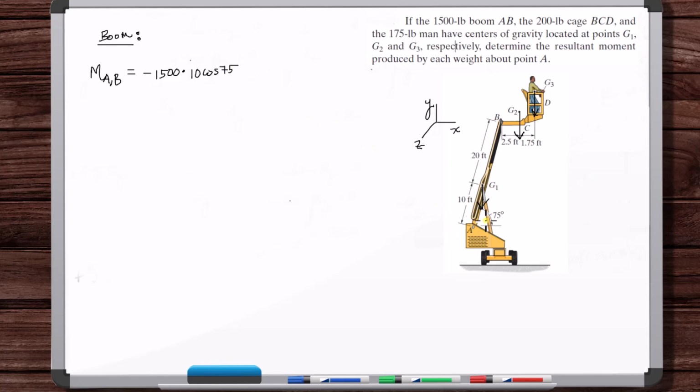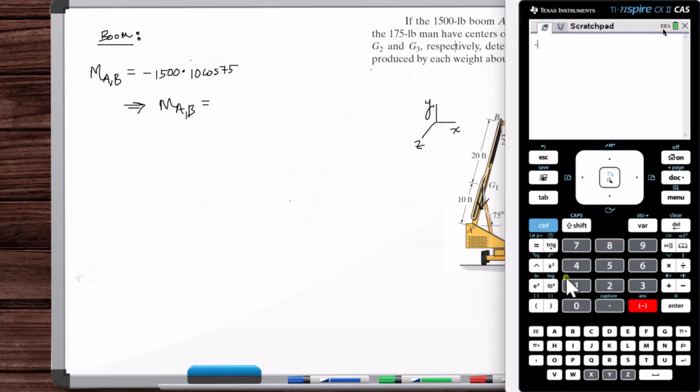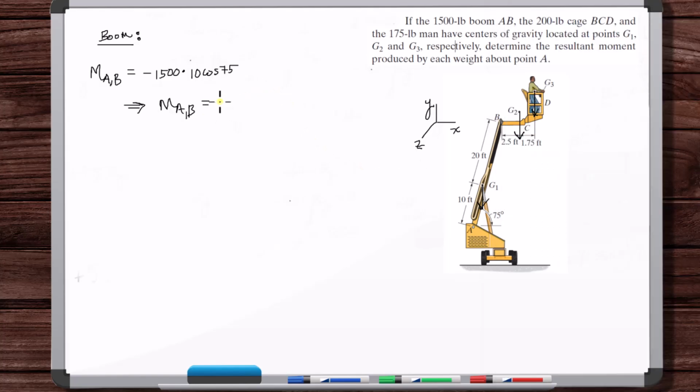You see that? So negative 1,500 times 10 times cosine 75 equals minus 3882 foot-pounds.